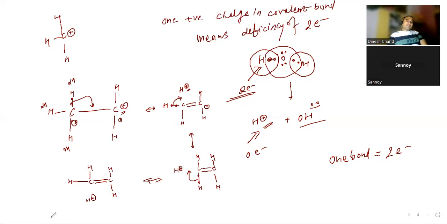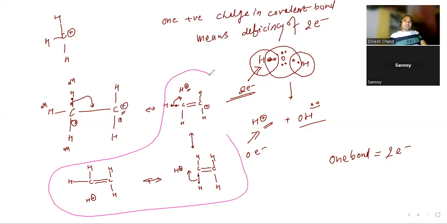So what you are going to find is the positive charge is not stagnant on any one carbon atom or any one position. So it is very difficult to attack, as the positive charge is rotating over the total compound. Therefore we can say the deficiency on a particular atom is less. How many hyperconjugating structures are there? These are called no bond resonance structures: first structure, second structure, and third structure.